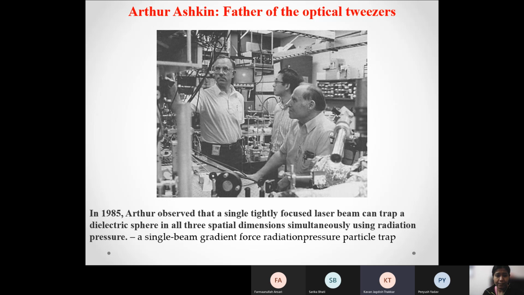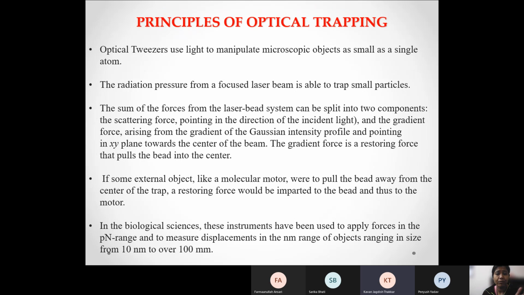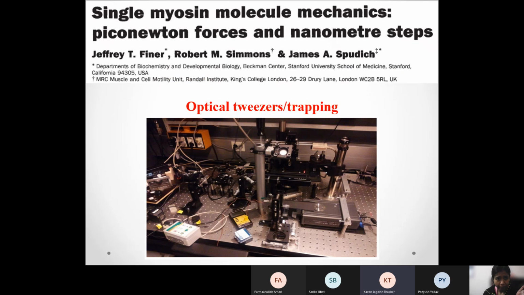And then he did the physics to understand why exactly this is occurring. What kind of forces are acting on that particle to keep that particle trapped? And what are the kind of particles that you can trap? You can trap atoms, you can trap beads, you can trap biological matter such as microorganisms, bacteria, etc. So you could trap a range of things.